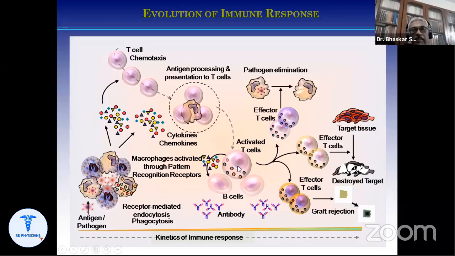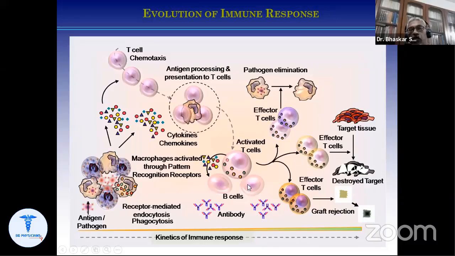the activated T cells, and these T helper cells help the B cells produce antibody, and these activated effector T cells can eliminate pathogens, can destroy the target tissue, for example the cancer cells, or can execute graft rejection, and can destroy even our own tissues if these cells are self-reactive.